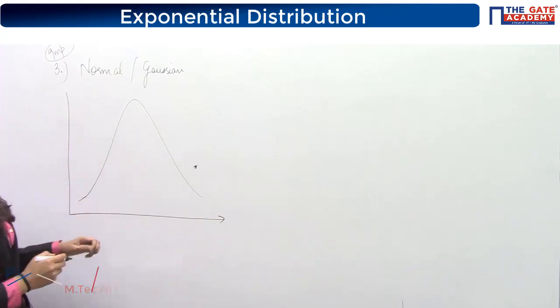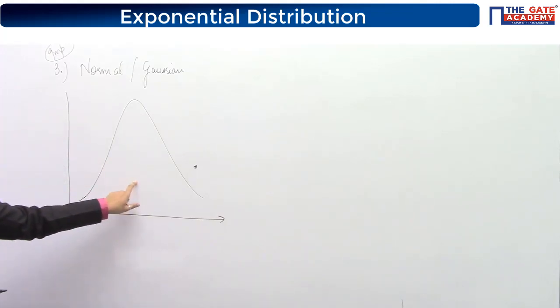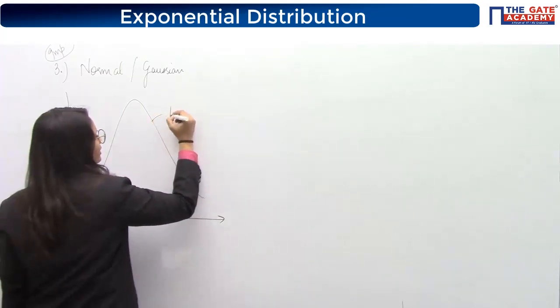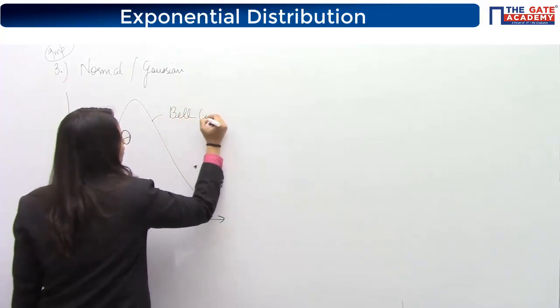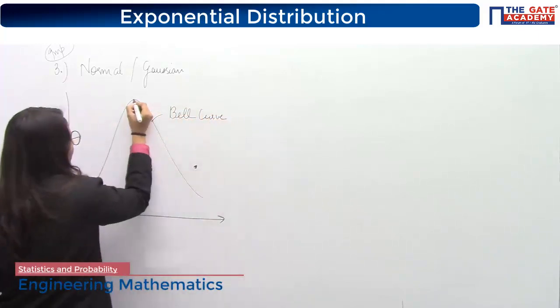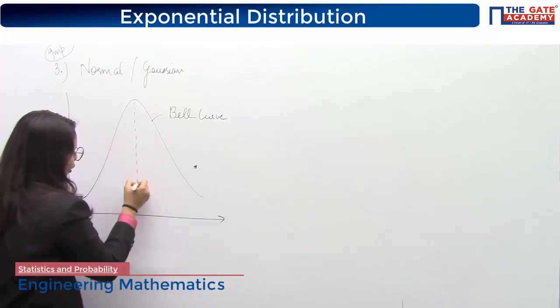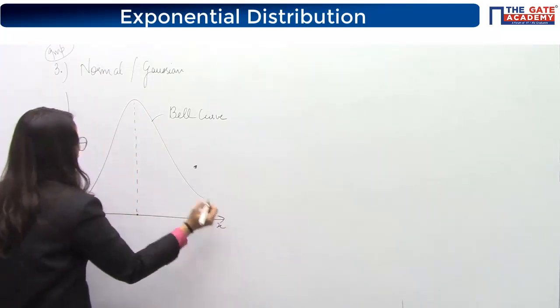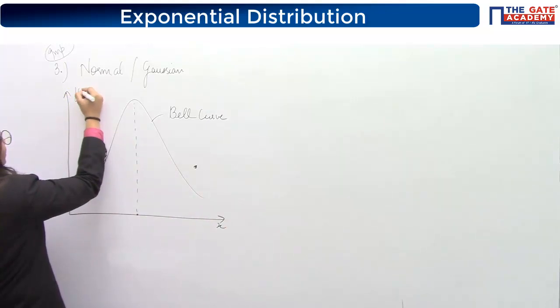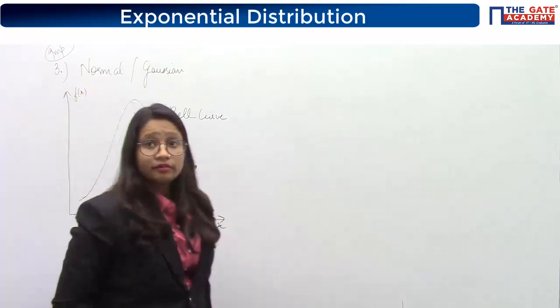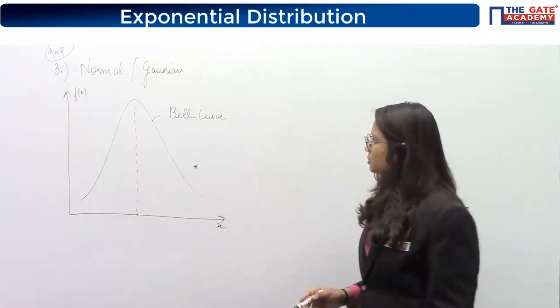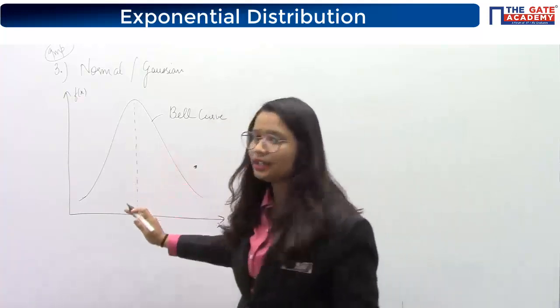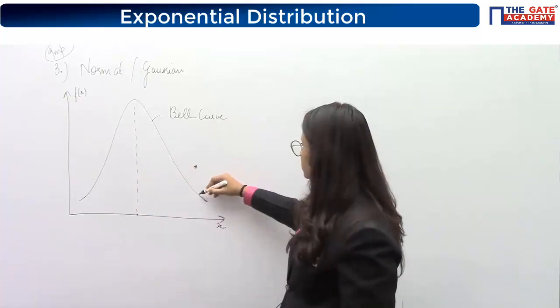So its graph is looking like this, like in the form of a bell. That's why it's also known as bell curve. Bell curve. And if you remember, what does this point denote? Do you remember it? We have already studied this in statistics part. What will this line denote? So consider it to be symmetrical only.